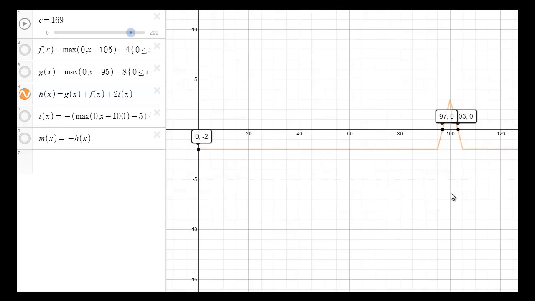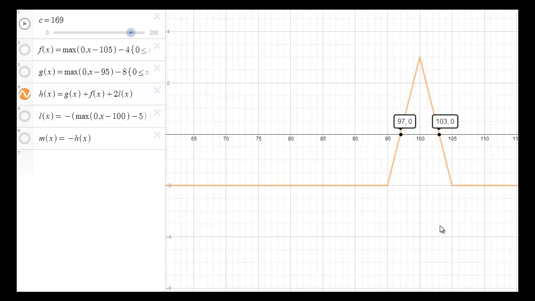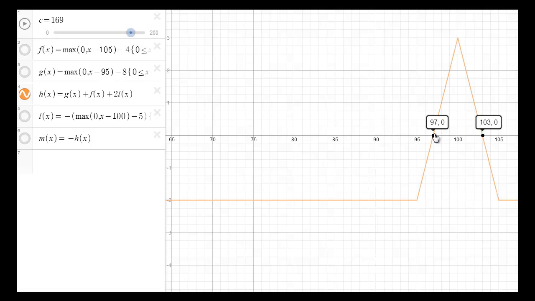So we will zoom in on it, and now you can clearly see that the trader makes money between $97 and $103, but he starts making some revenue between this 95, and he will start making revenue between 95 as the stock price rises, but he will be breaking even at 97. He will make money if the stock price is between 97 and 103, as you can see in the graph. So this graph is above 0, and at the price 105 and above, he will suffer a maximum loss of $2.